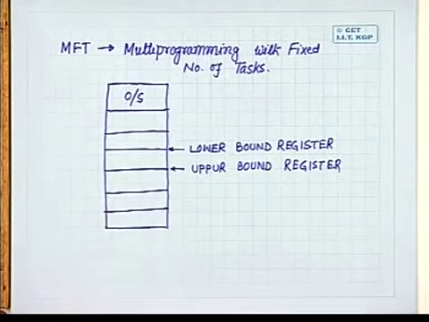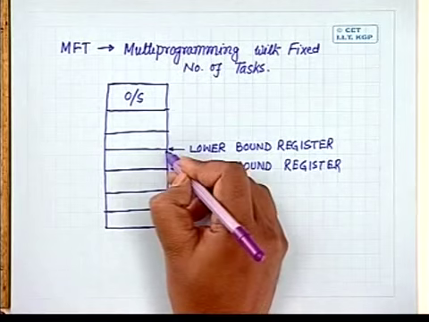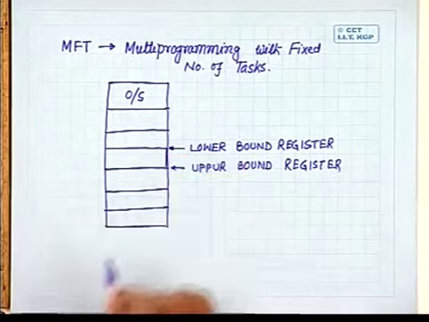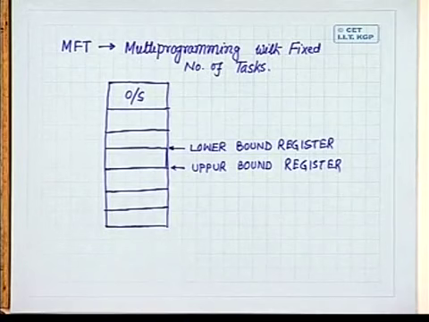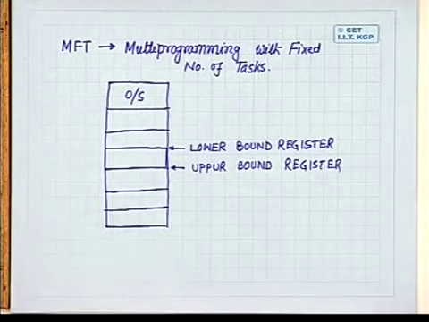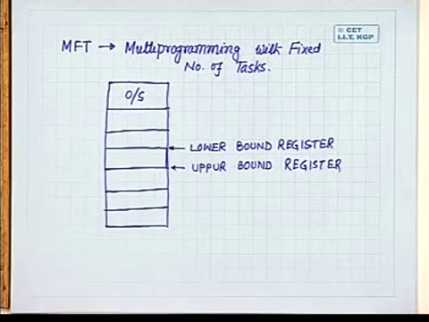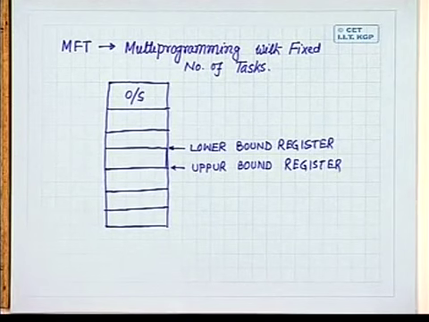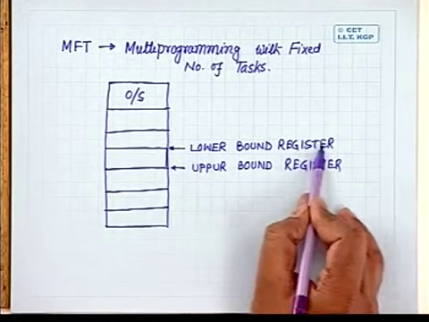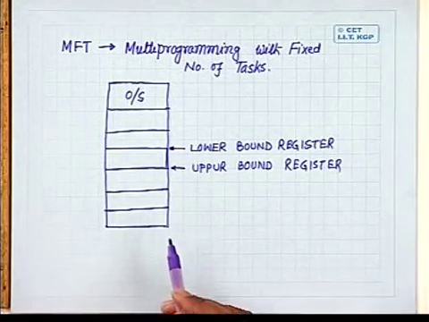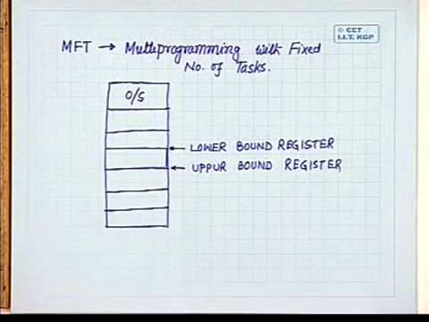What modification can be done on this is, since the size of every partition is fixed, if I know that a job is loaded into, say, partition number 5, I know the starting address of that partition. I also know the length of that partition. So instead of having a lower bound register and an upper bound register, I can have two other registers.